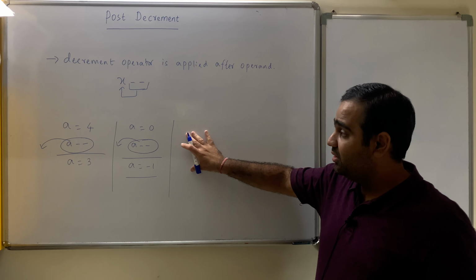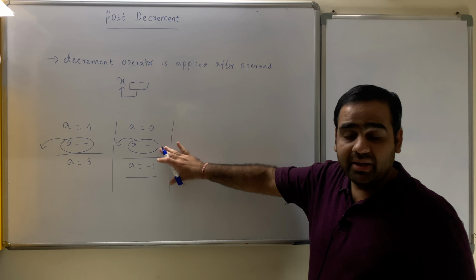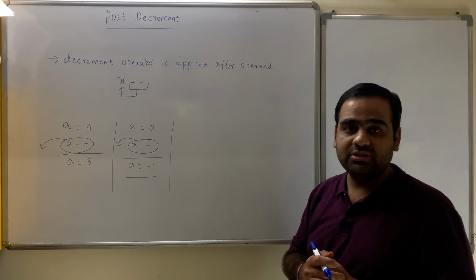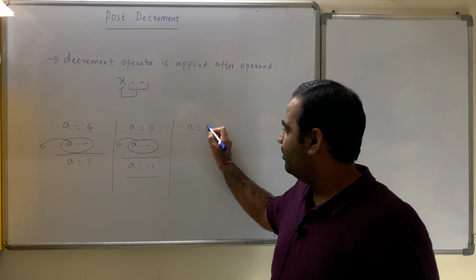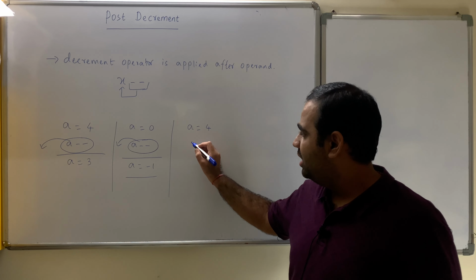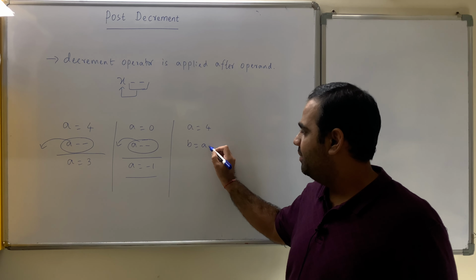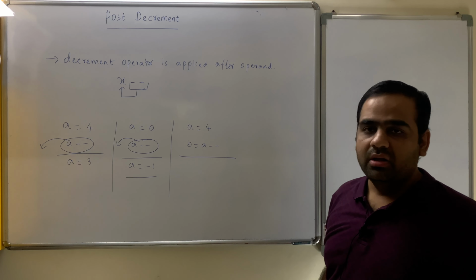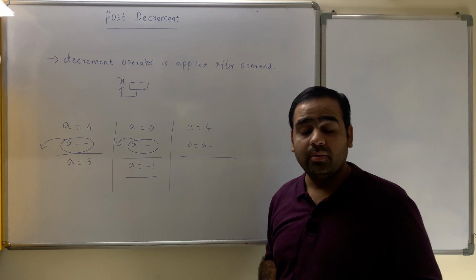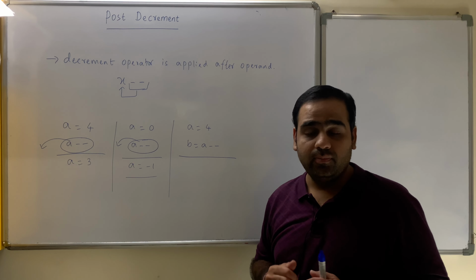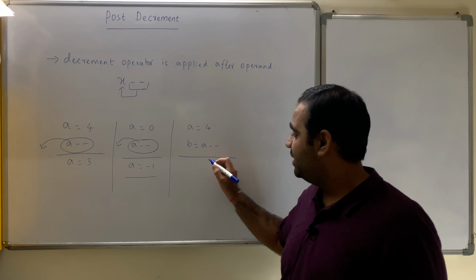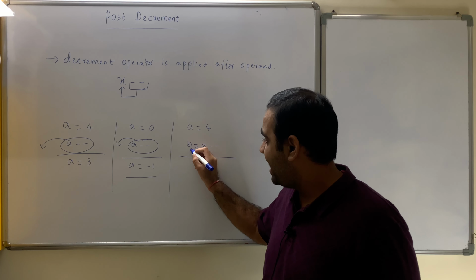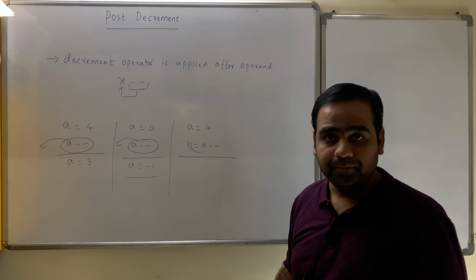Let's assign the value of a minus minus to some variable on LHS and let's see how it works. Suppose the value of a is 4 and we say b is equal to a minus minus. Now it is a post-decrement. Post means later. Post means delay. Therefore, b equal a minus minus says assign the value of a to b first.